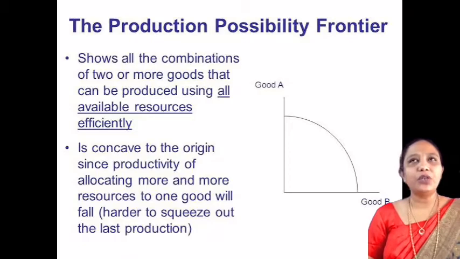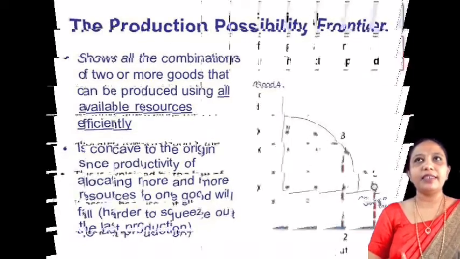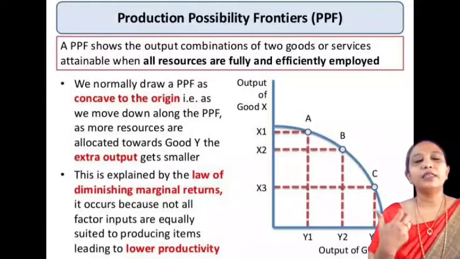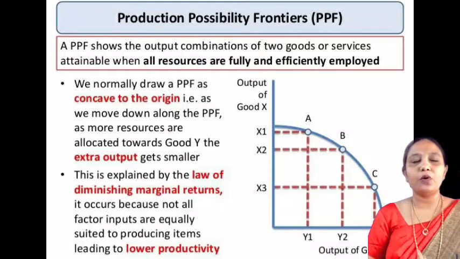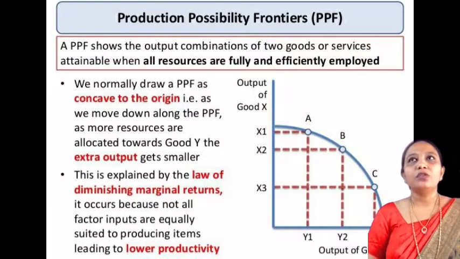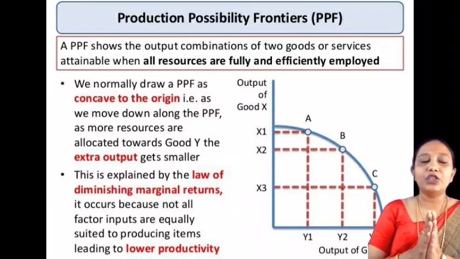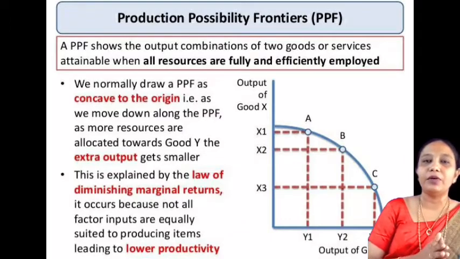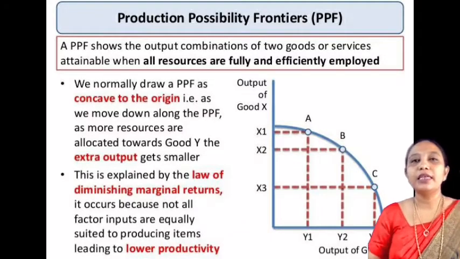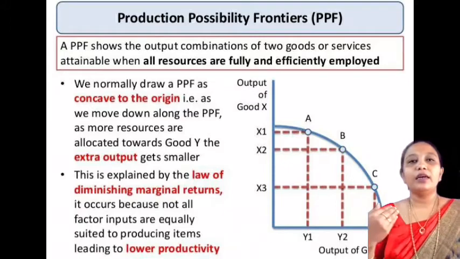When this schedule is graphically represented, it is called the production possibility frontier.